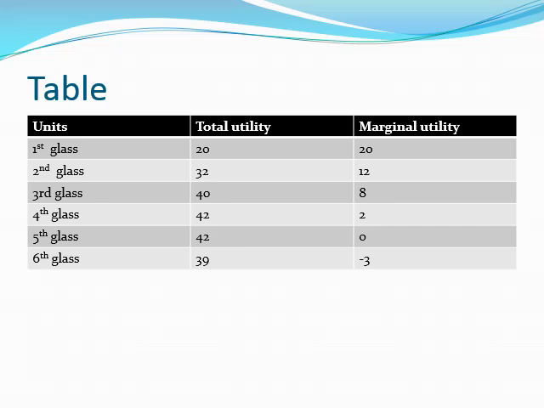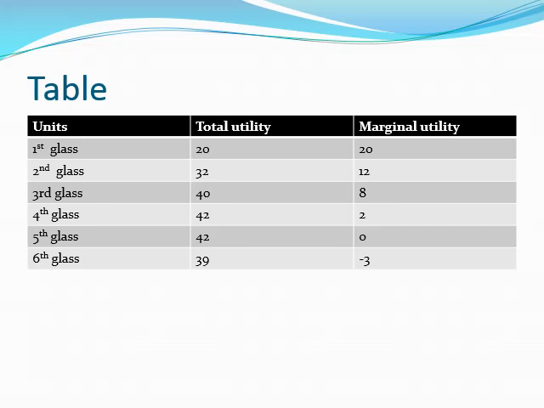Sixth glass, the marginal utility declines from 0 to -3. The total utility declines from 42 to 39. 42 minus 3 equals 39.